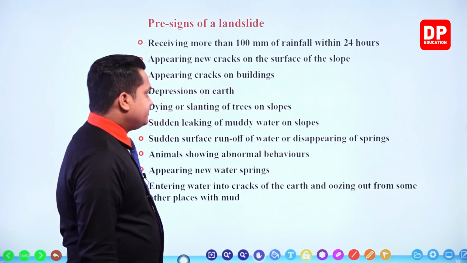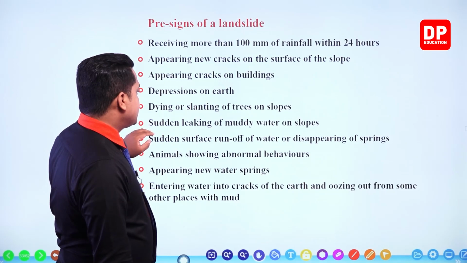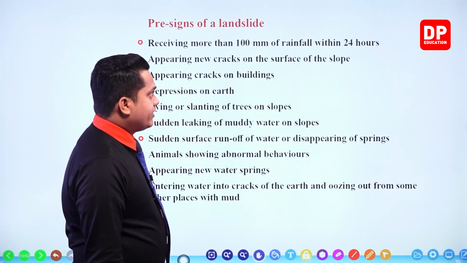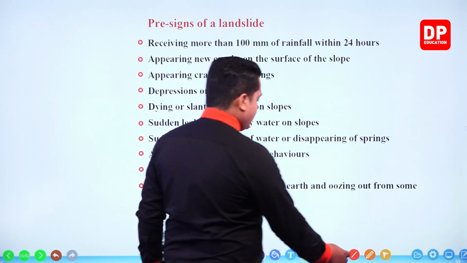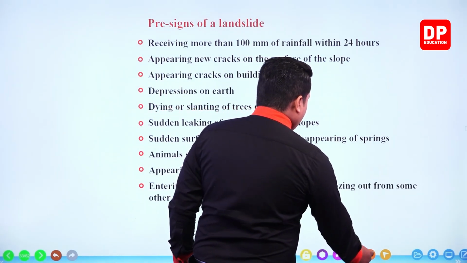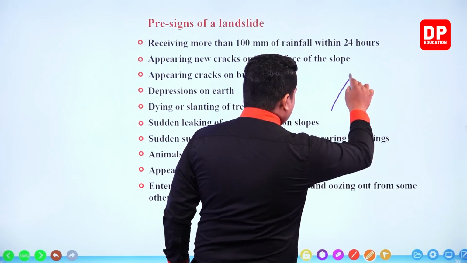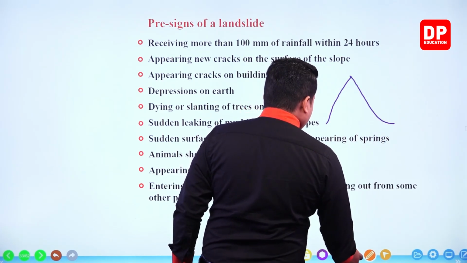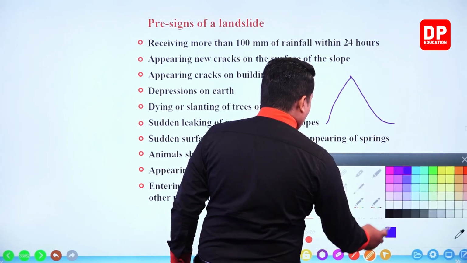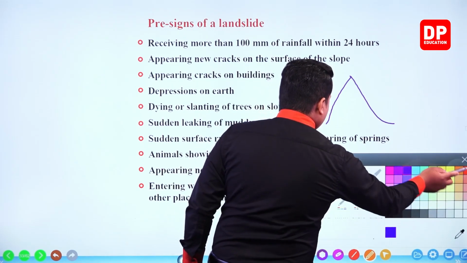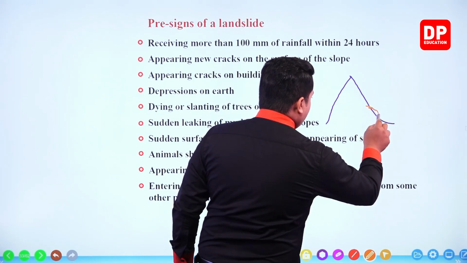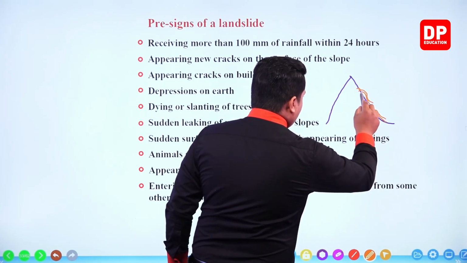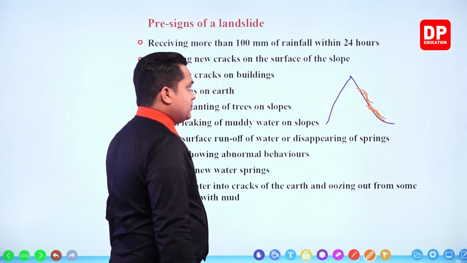Then the next one, sudden leaking of muddy water on slopes. Here it is given: in some sloping regions like this, sometimes, my dear children, muddy water will come and flow like this.